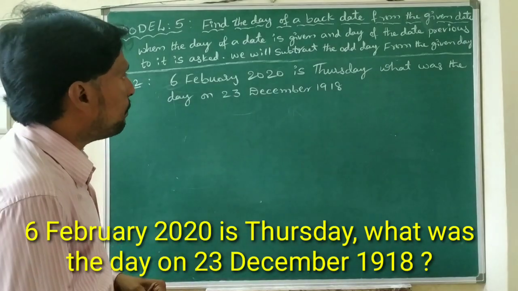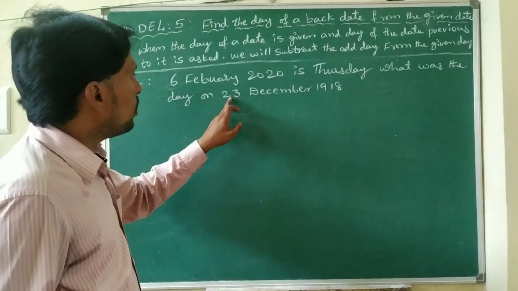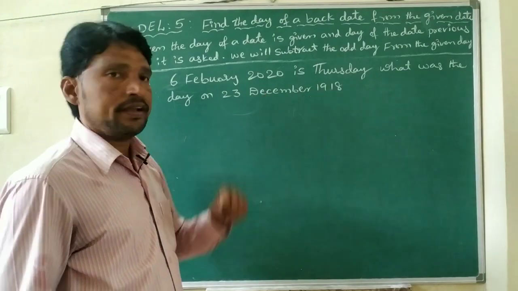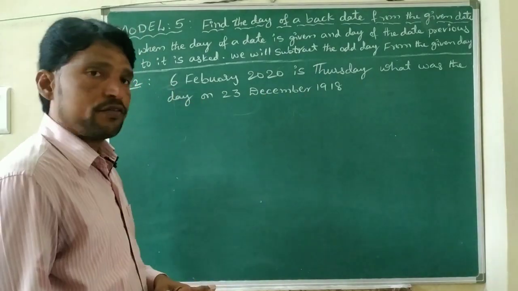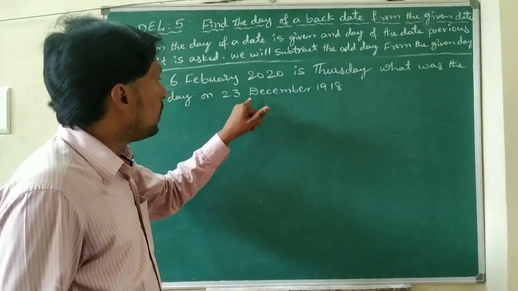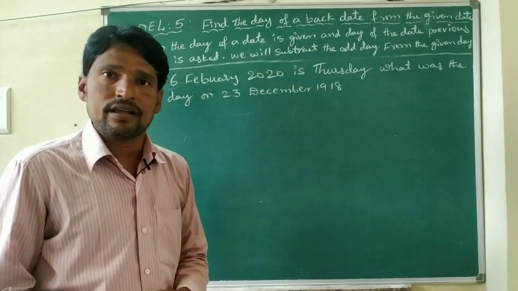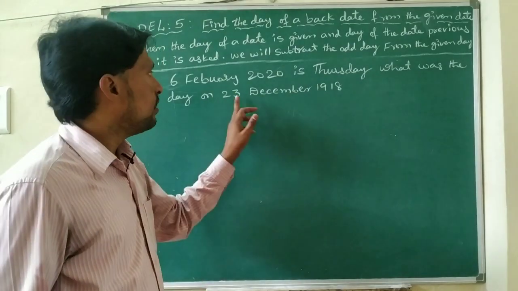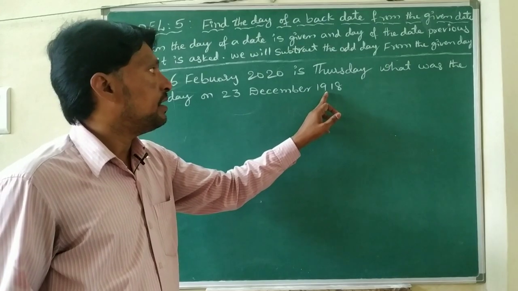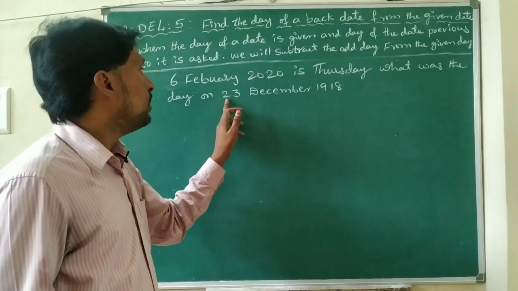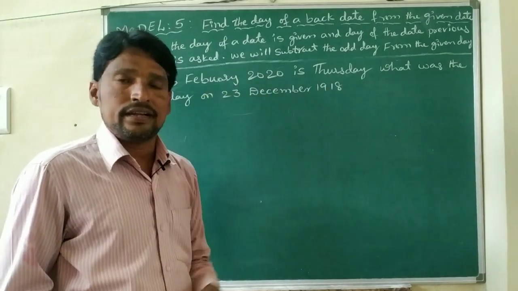So we have to compare here: this is 23rd December 1918, and this is 6th February 2020. December to December it is a year. See, 23rd December 1918 to 23rd December 1919 is 1 year.